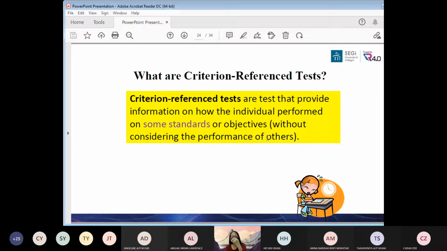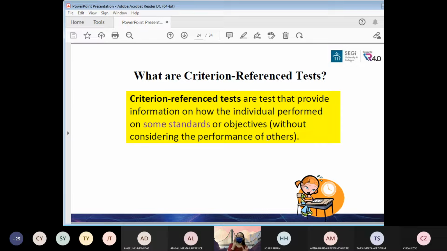There are rubrics on how to mark the papers, for example. So individually, this one did it this way, she got 90. This one did it this way, she got 50. This one did it this way, he got 70. It is how you answer according to the criteria given.